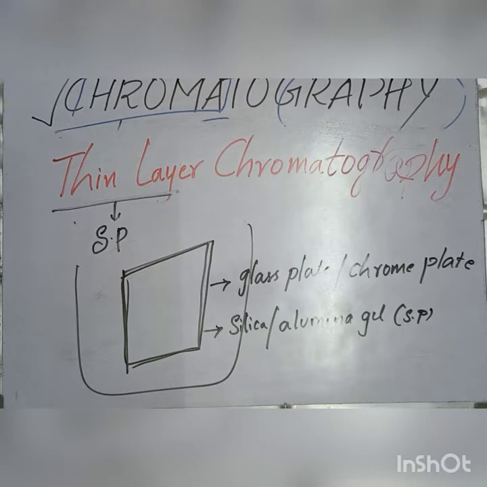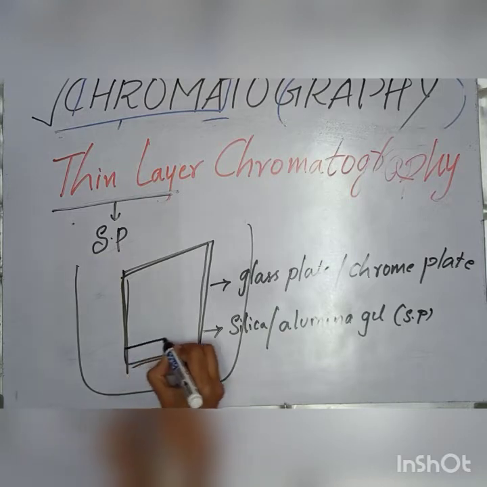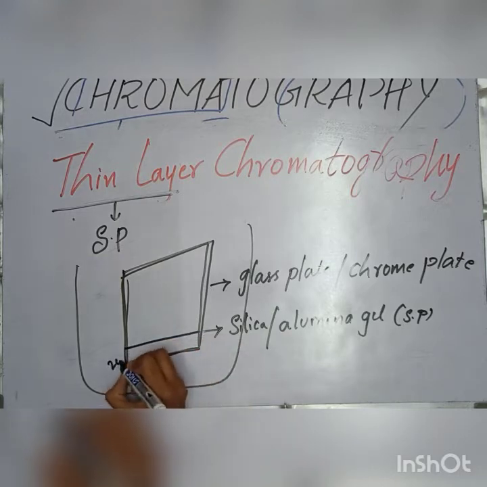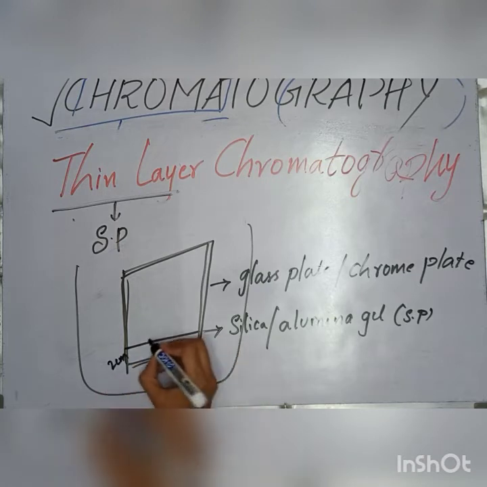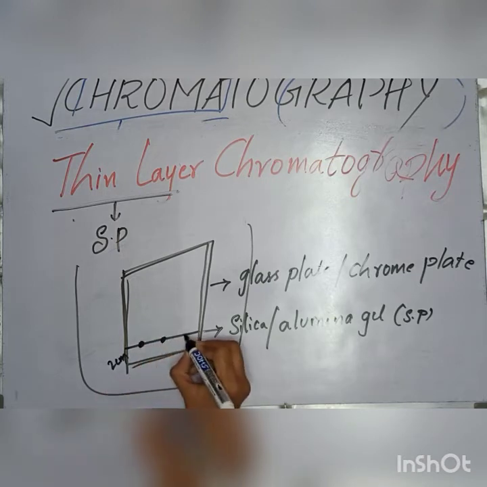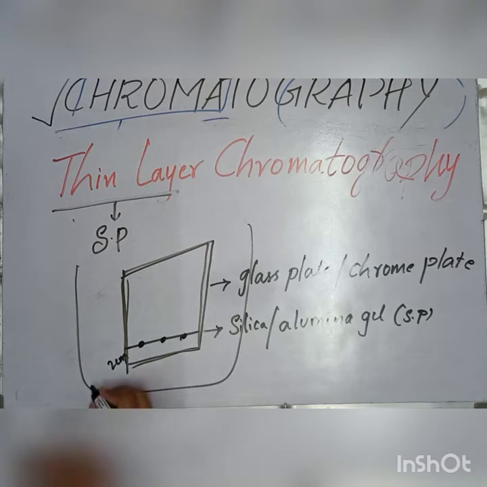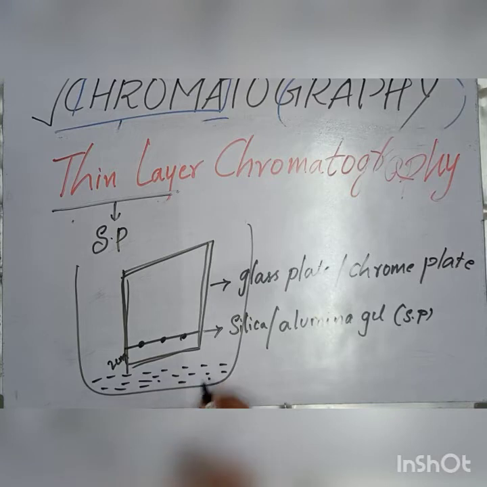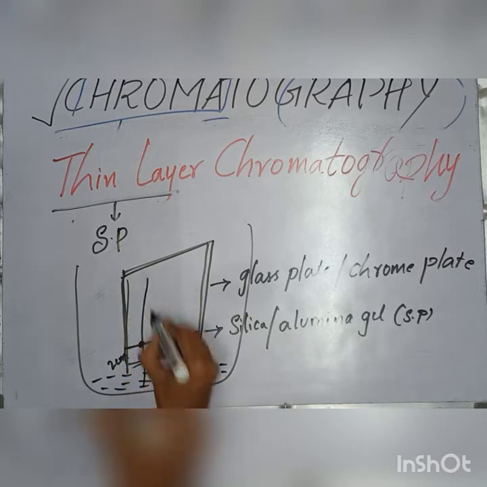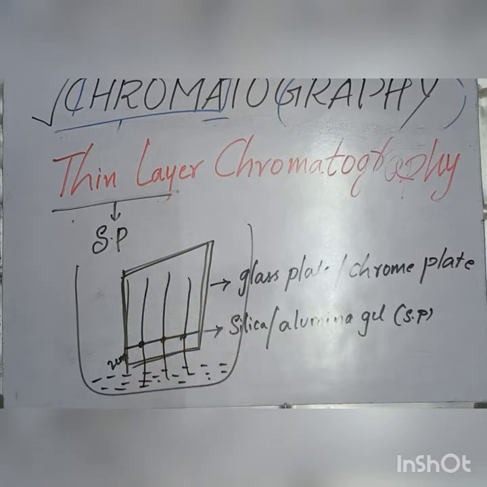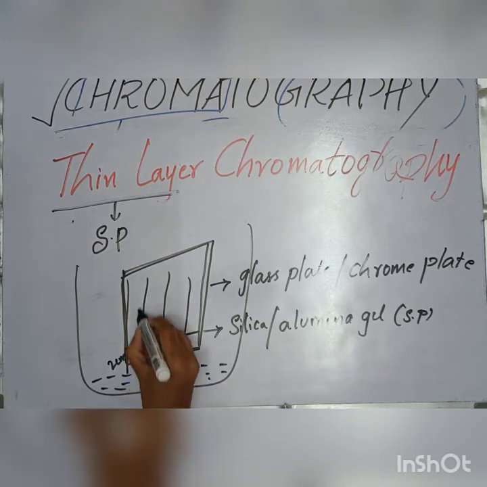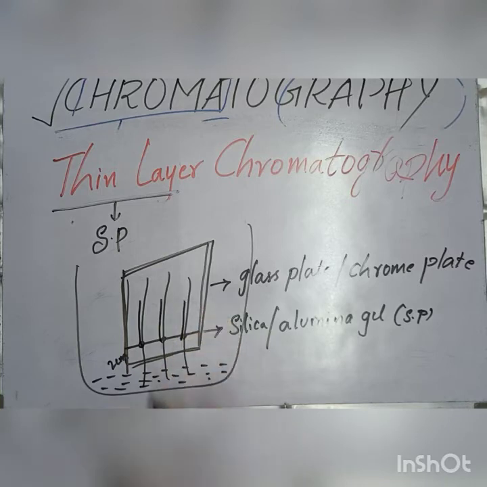On this chrome plate, 2 centimeters above the solvent, we put one dot of the mixture which needs to be separated. Below, it was filled with the solvent. The solvent will start rising up, and the solute molecules will move based on their solubility in the solvent and the stationary phase.